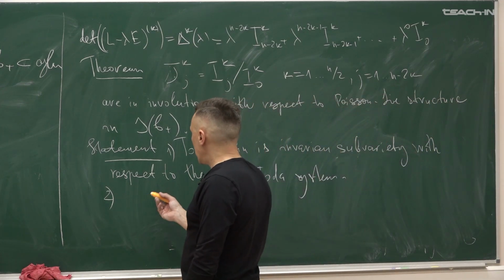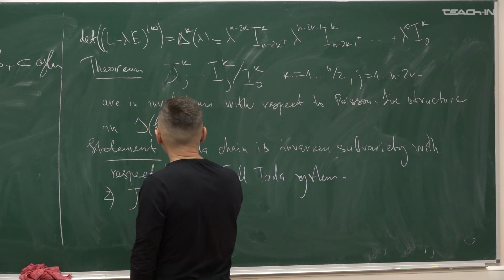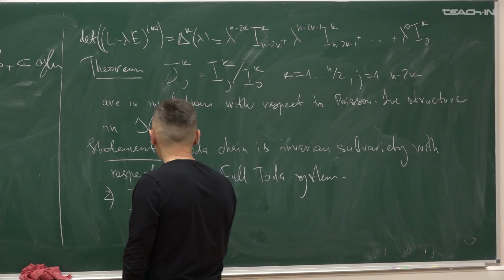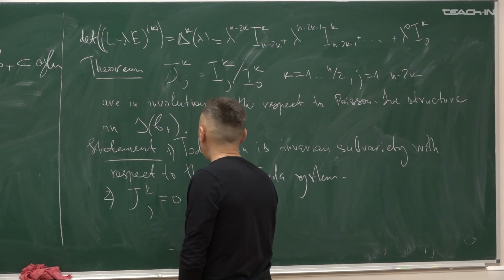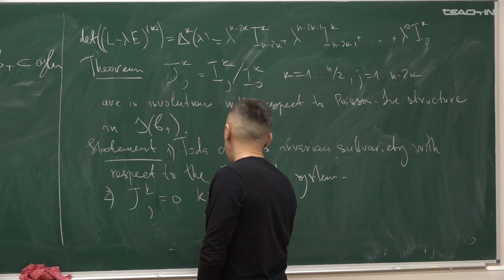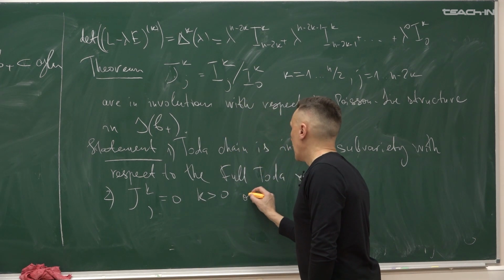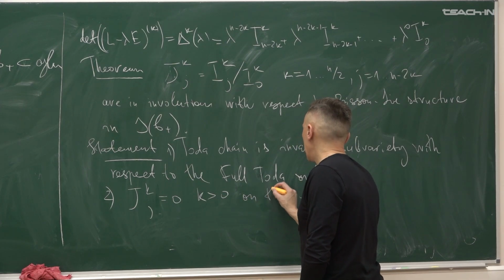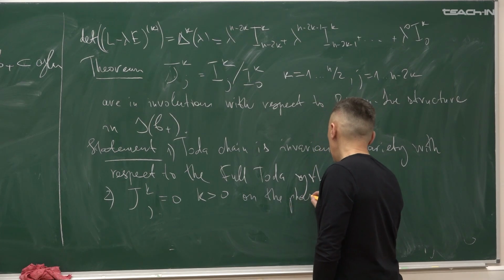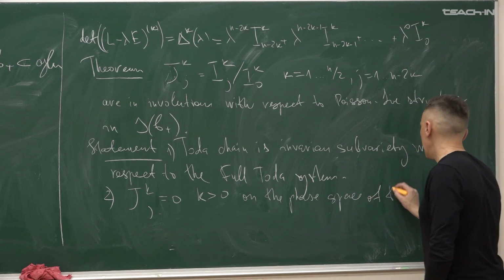I would like to say that all functions I_{kj} equal zero for k greater than 0 on the phase space of the Toda chain.